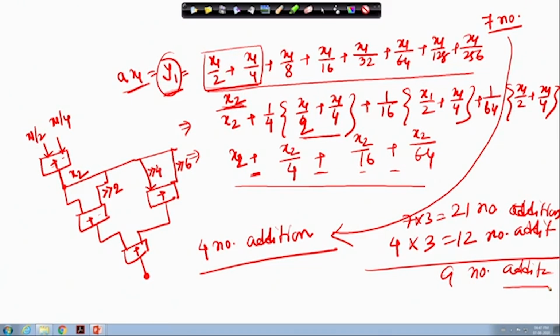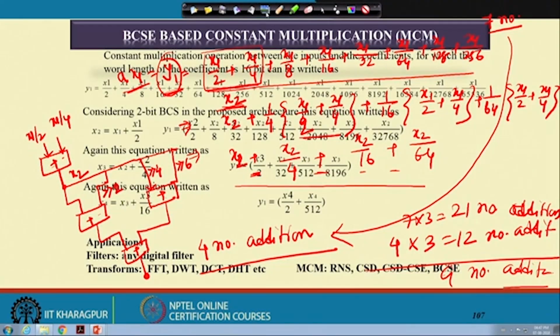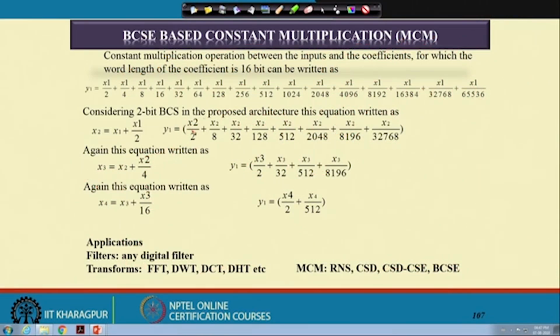So, based on that now I can reduce the number of addition terms in this way. Okay. So, this kind of structure is very much useful whenever we do reconfigurable constant multiplier design.